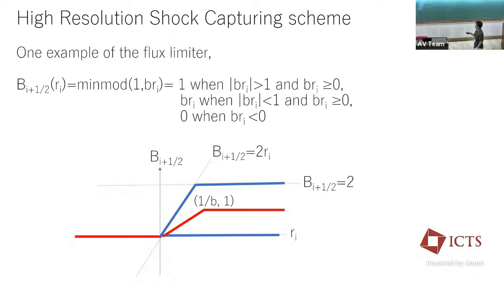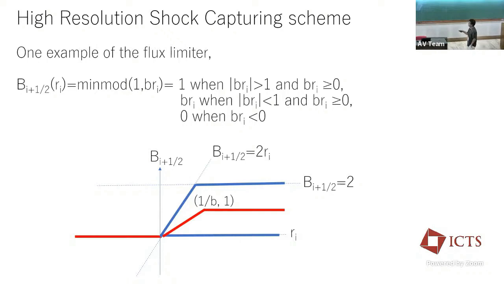When the absolute value of bR_i is greater than 1 and bR_i is positive, it's going to be reduced to 1. If the absolute value of bR_i is less than 1 and bR_i is greater than 0, it's going to be bR_i. Otherwise, it's going to be reduced to 0.